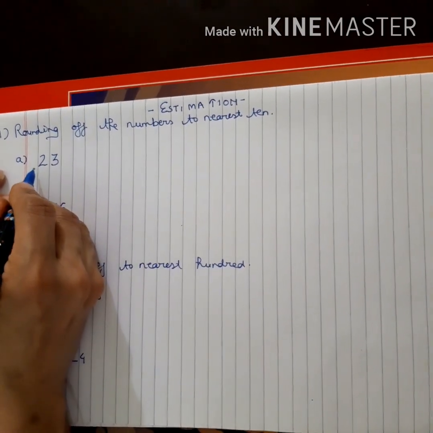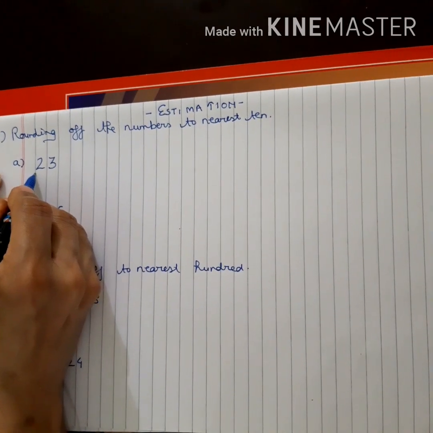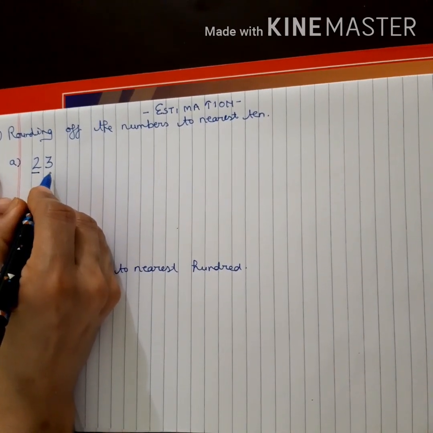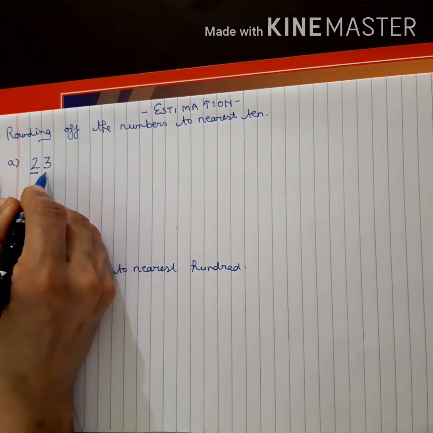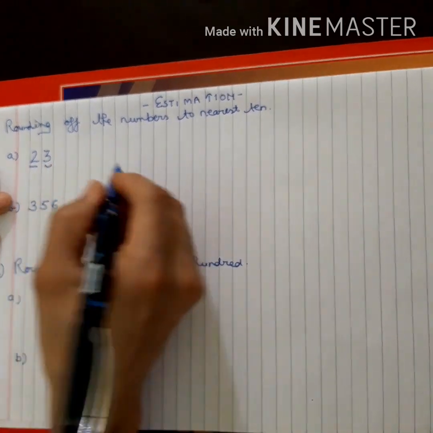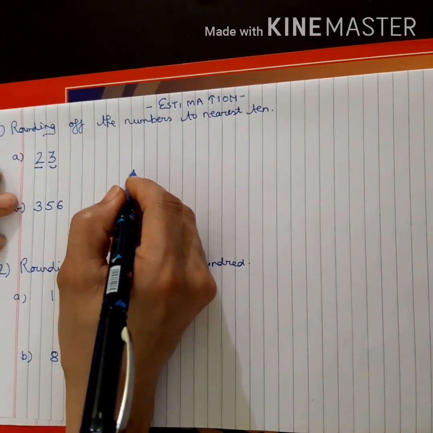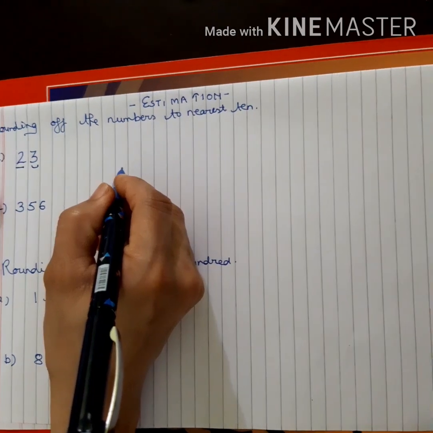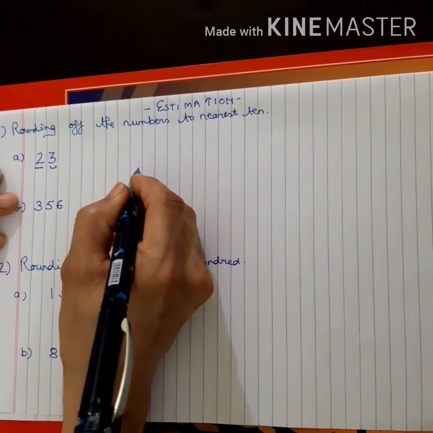So first we will underline the digit at tens place and then we will check the digit at ones place. We always check the digit one place lesser than the place to which we have to round off.